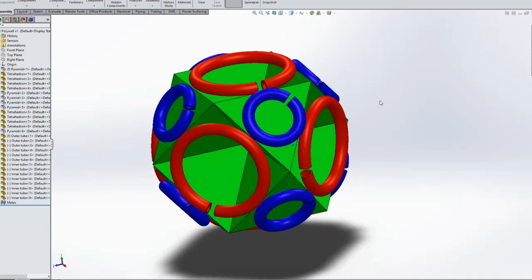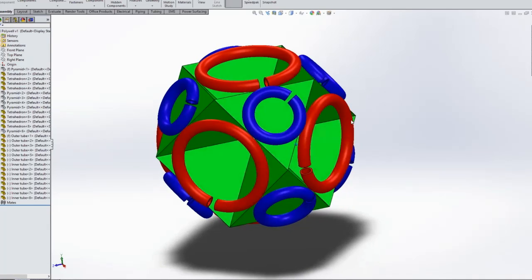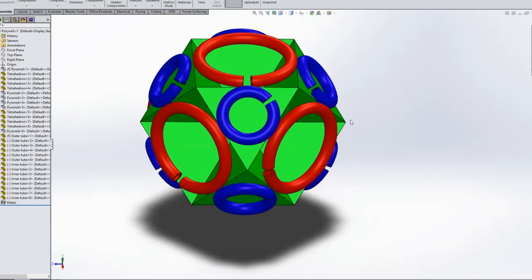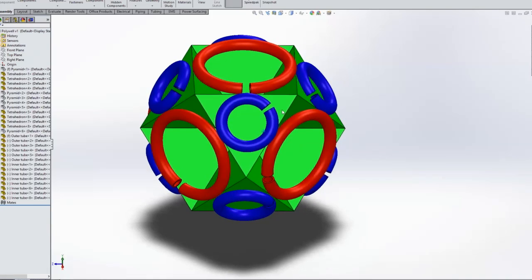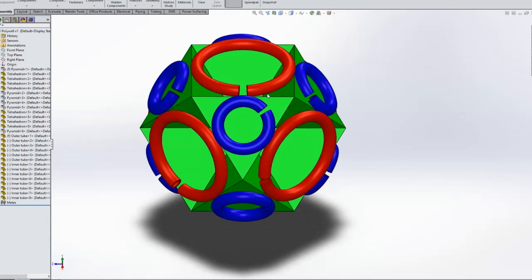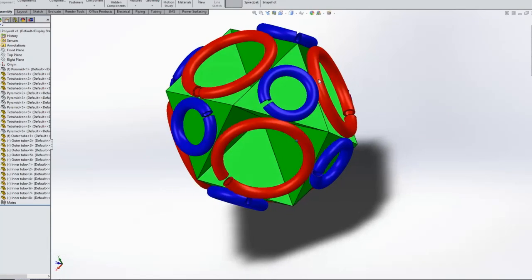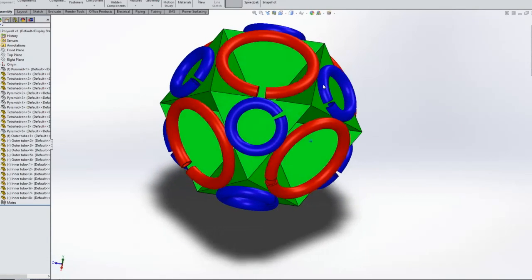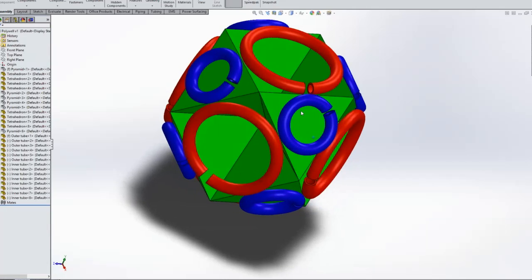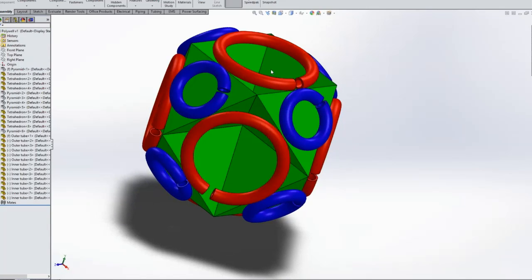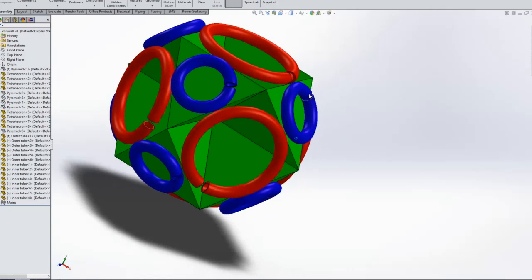Well, I think each vector equilibrium has 8 octahedrons around it to fill up the spaces that you get by assembling the vector equilibria together. You end up with spaces which are in the shape of octahedra.